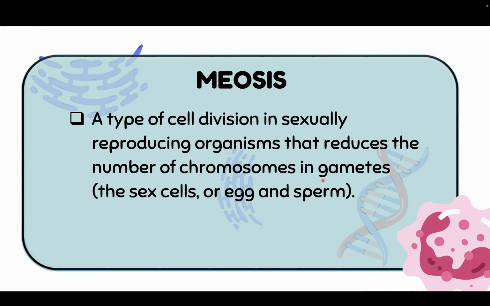Okay? Another type of cell division is meiosis, which happens in cells that are involved in sexual reproduction, the sex cells, the gametogenic cells, the egg and the sperm.